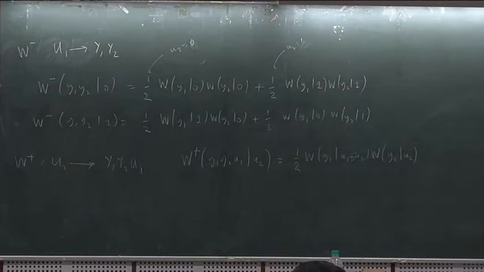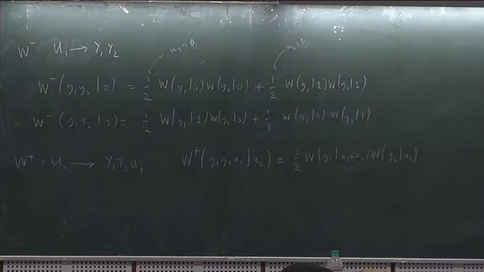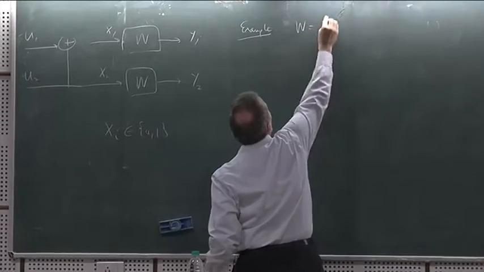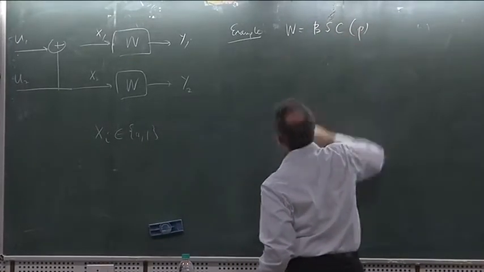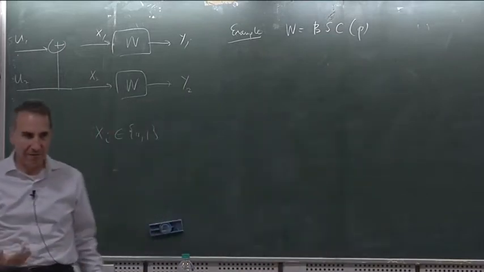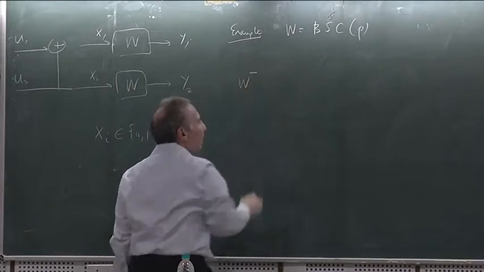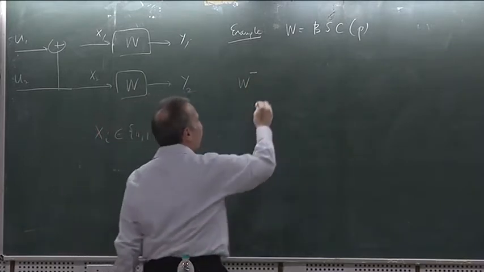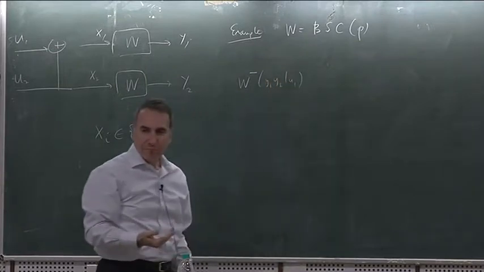All right. Perhaps an example is a good idea at this moment because we saw the BEC. Let's take a look at the BSC. Okay. So for example, suppose W is a binary symmetric channel with crossover probability p. Okay, fine. So for W minus, we are going to write down the y1, y2, and u1.